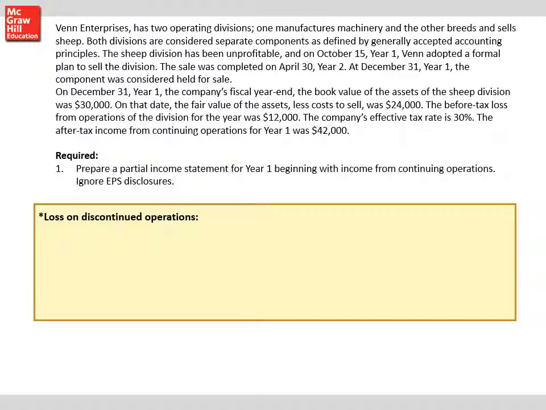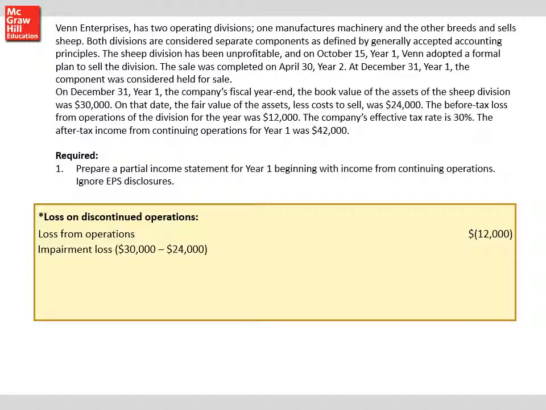So, loss on discontinued operations. The actual loss on operations was $12,000 for the year from January 1 through December 31st. They told us that. There's an impairment loss on this component because the cost, or the basis, is $30,000. The fair value is $24,000.